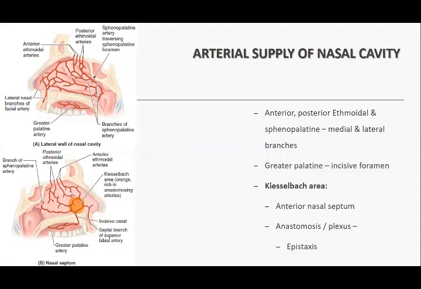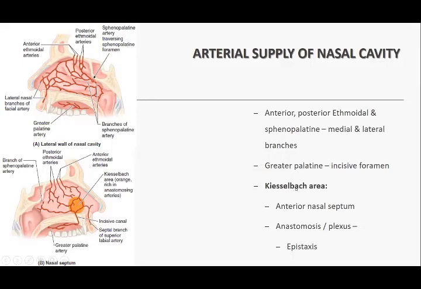So मैं enumerate करती हूँ anterior ethmoidal, posterior ethmoidal, sphenopalatine, greater palatine, septal branch of the labial, which is branch of facial. All these branches, they give medial and lateral branches that anastomose with each other. In this particular point, they form a plexus and anastomosis. This area is called Kesselbach's area.